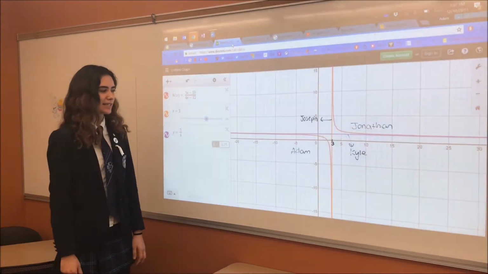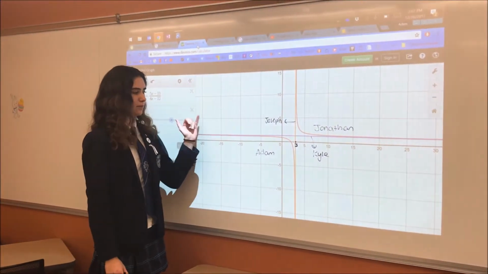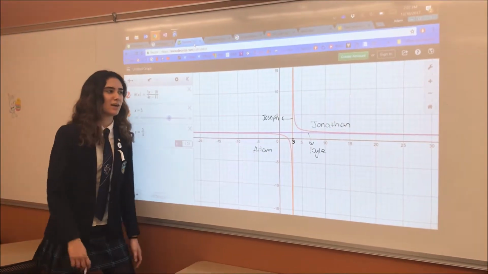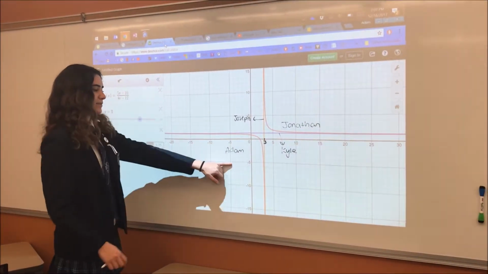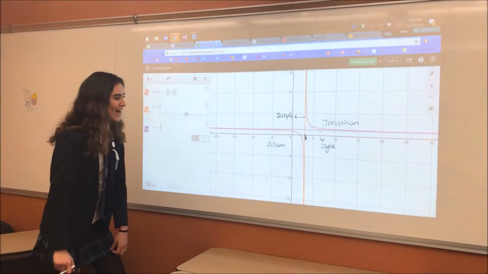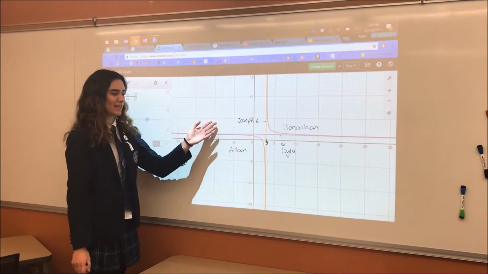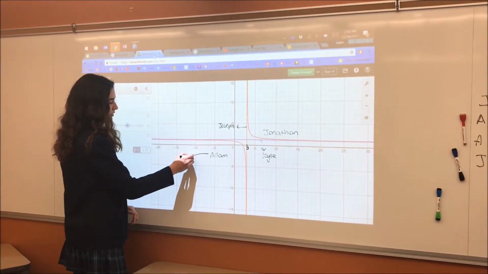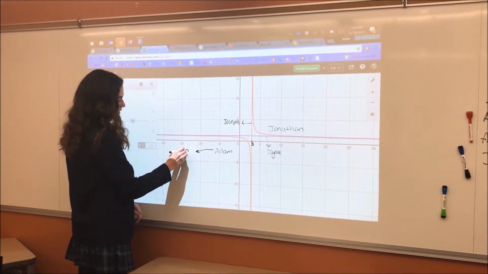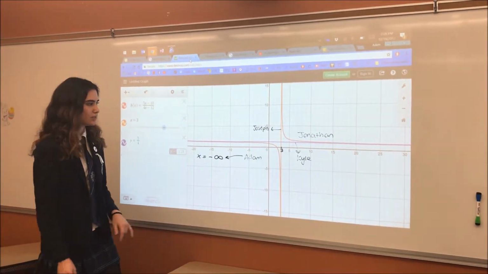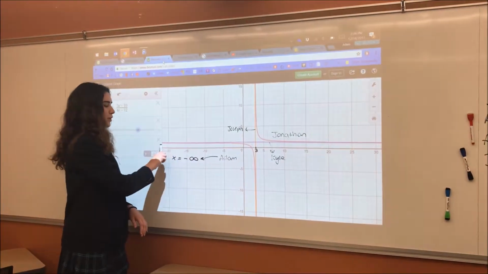So basically, to not crash with either one of these people, Adam and Jonathan should decide their next move. So, let's say Adam is moving towards negative x. So Adam shouldn't crash either Joseph, Kyle, or Jonathan. So if Adam is moving this way towards negative infinity for x, he shouldn't crash Kyle, represented with the purple line.